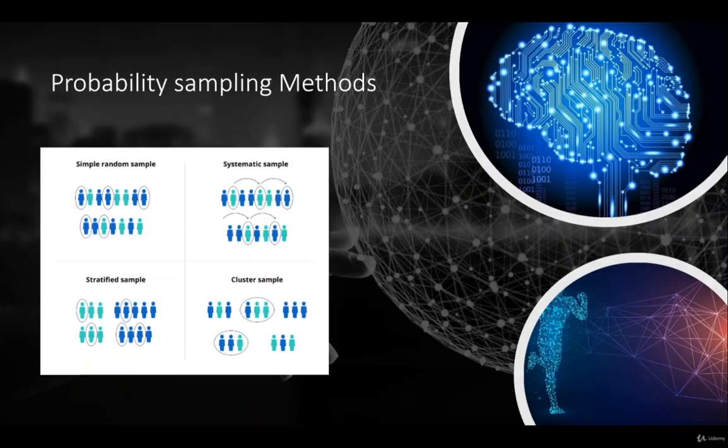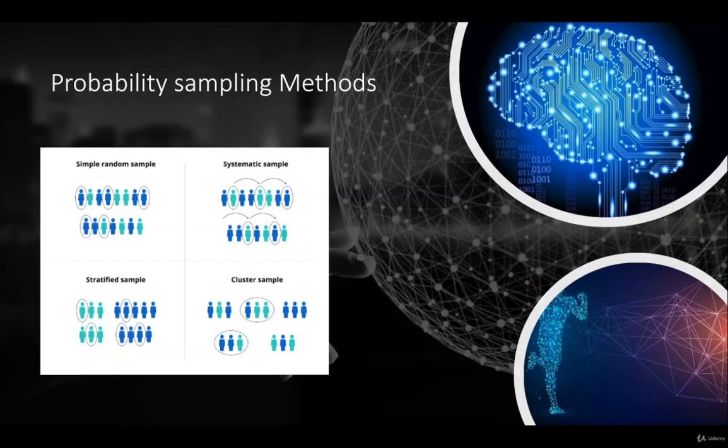I will select really random people from those 1,000 persons. I will select 10 random people, and this would be a simple random sample. And this is really simple to do. You just select 10 persons.